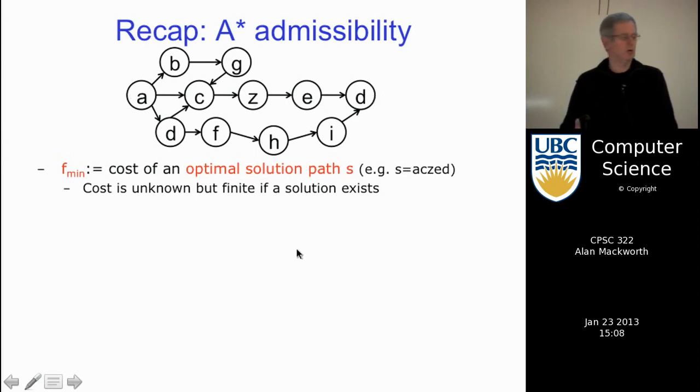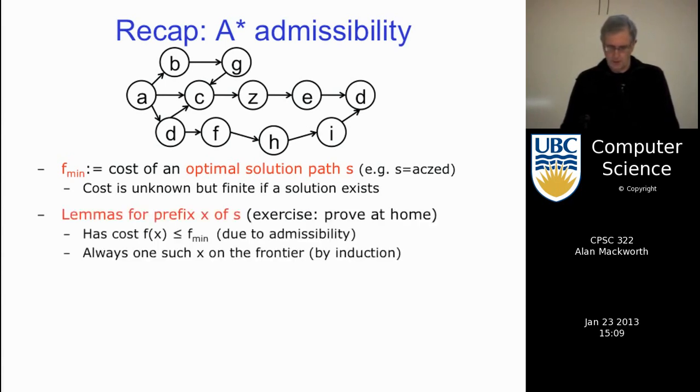We don't know the cost of that path, but it's finite if there's a solution. So this is an optimal solution path S, and we will prove these lemmas for any prefix x of S. So any subpath of this path starting at A, so A or AC or ACZ or ACZE or ACZED, the whole path is a prefix of itself.